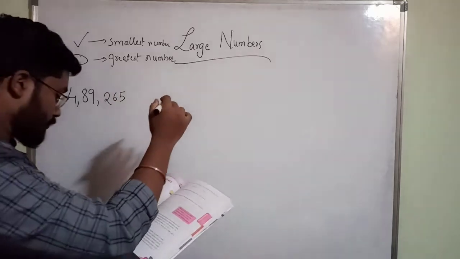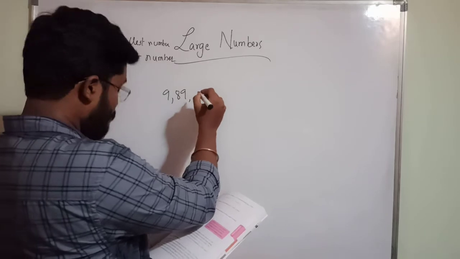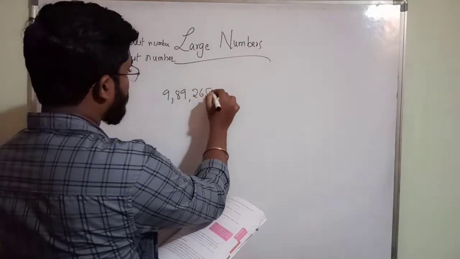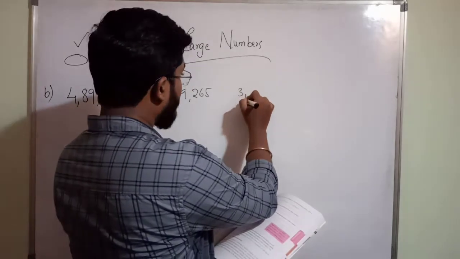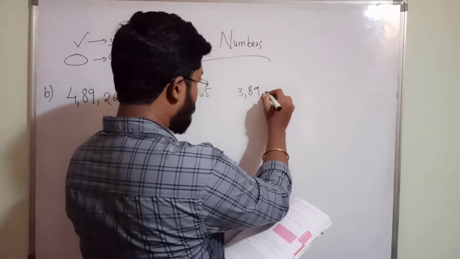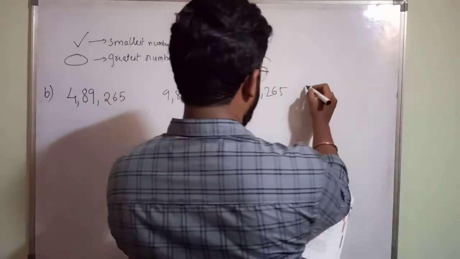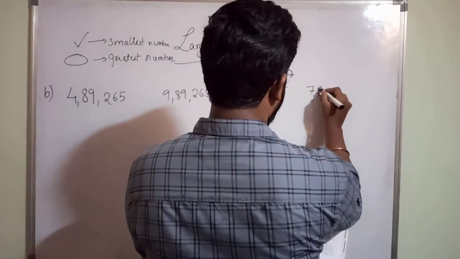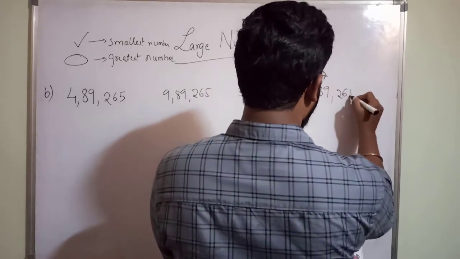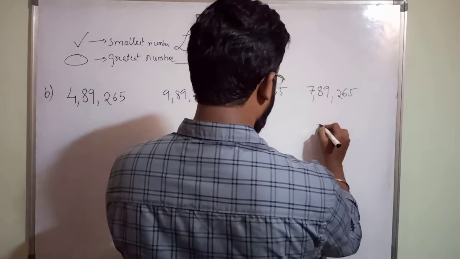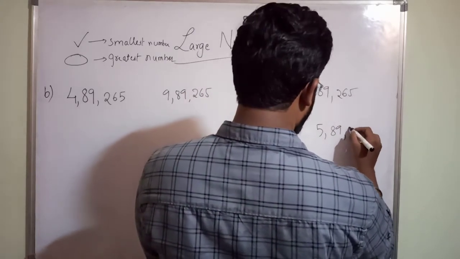Next one is 9,89,265. 3,89,265. 7,89,265. What is the last one? 5,89,265.